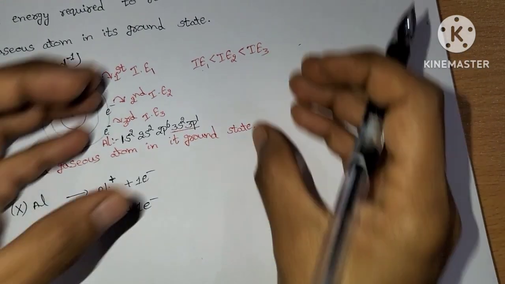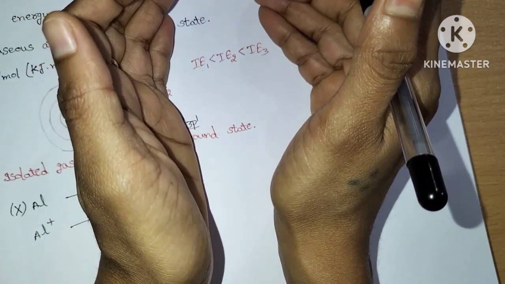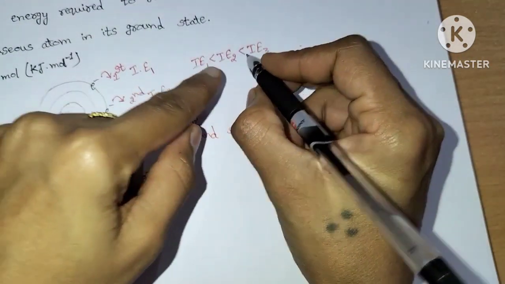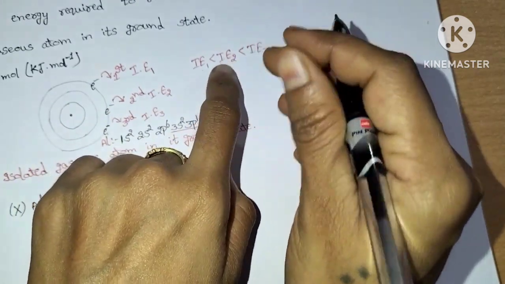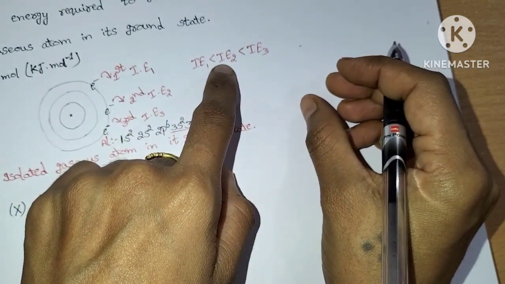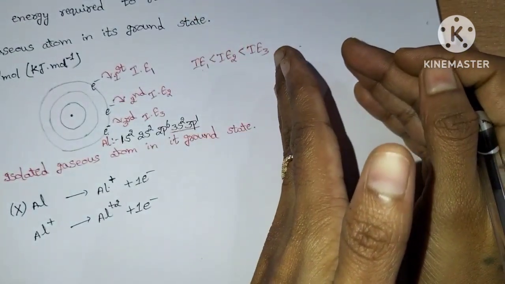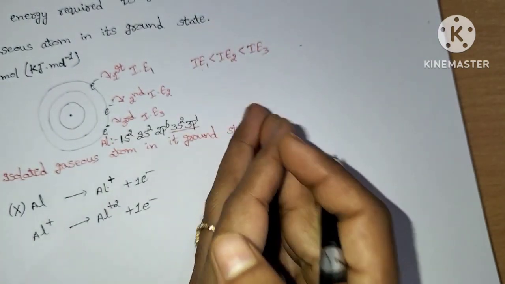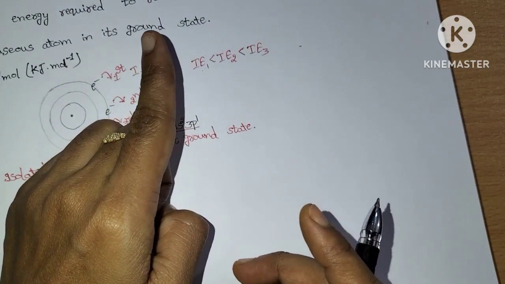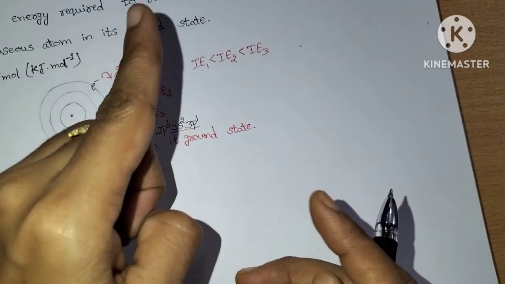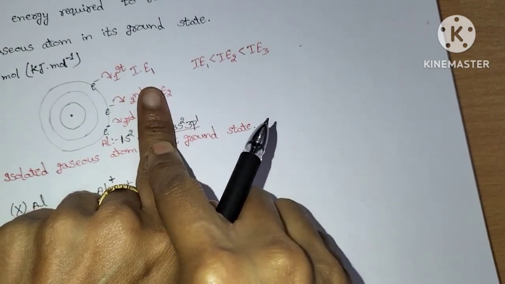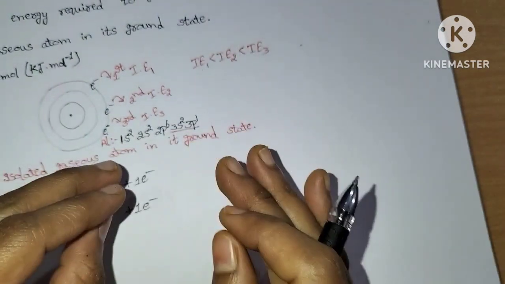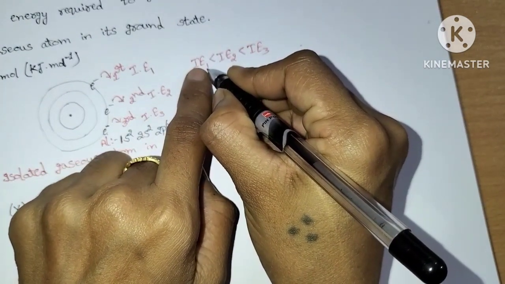This is the comparison among the various types of the ionization enthalpies. Here, if they mention IE2 and IE3, means second ionization energy and third ionization energy, then only we have to take it as such. In case only ionization energy or ionization enthalpy is mentioned, you have to consider it as first ionization enthalpy, that is IE1 only.